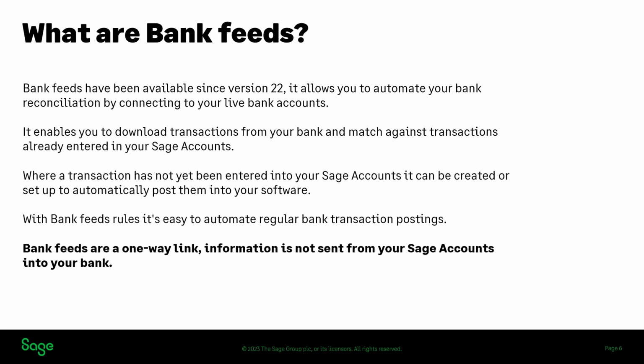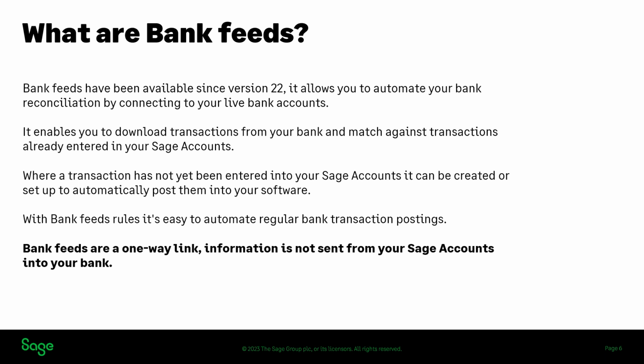For those of you who don't know what bank feeds are, I'll go into a brief description of what bank feeds are and the benefits. Bank feeds has been available since version 22. It allows you to automate your bank reconciliation by connecting to your live bank accounts.